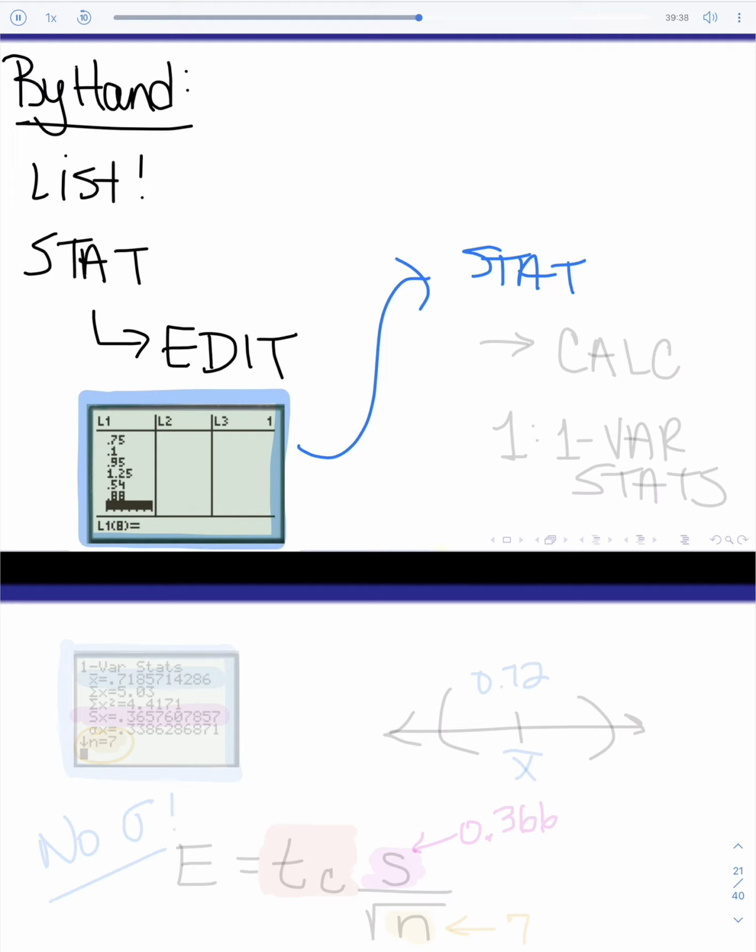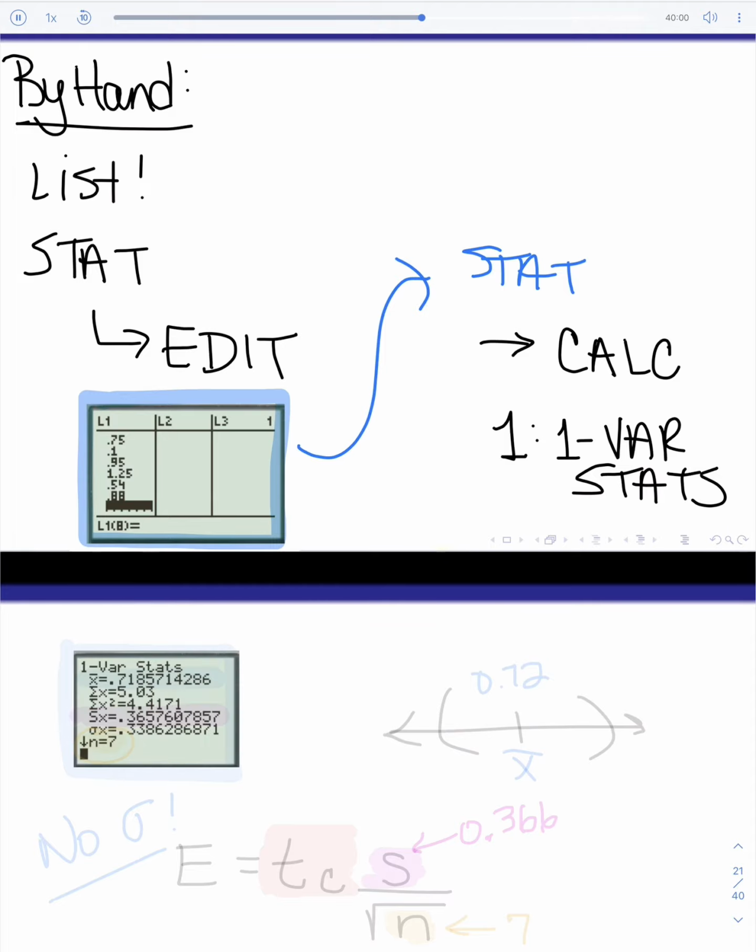But this time you'd arrow to the right once to go over to calculate, and you would choose the first option, which is a one variable stats. Then what the calculator would give us would be the following.